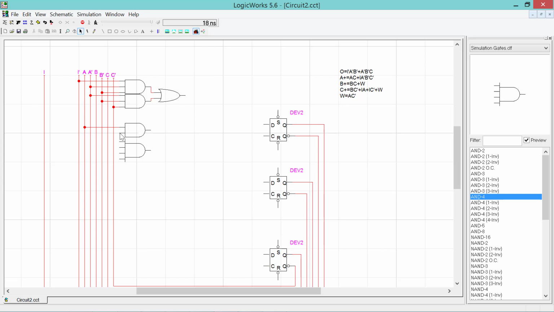A, C, or I, A prime, B prime, and C prime.